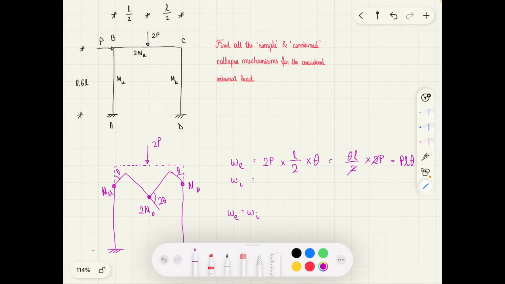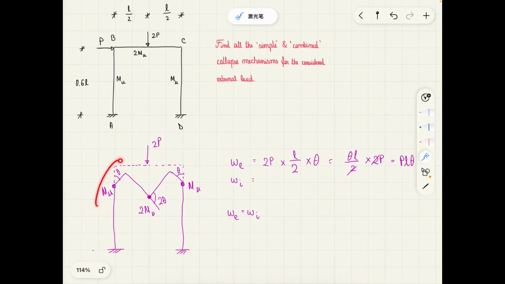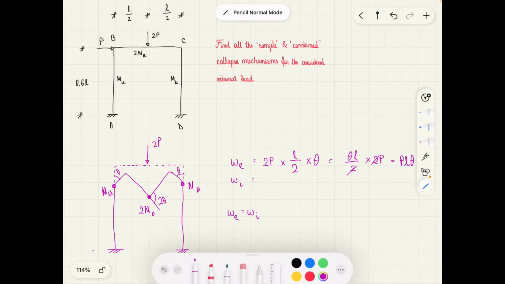Now for the internal workload, we multiply the moment at the plastic hinge by the angle displaced, and then we add them up for all the plastic hinges. So here we have Mu times theta plus 2Mu times 2 theta plus Mu times theta. So 1 Mu theta plus 4 Mu theta plus 1 Mu theta is going to give us 6 Mu theta.